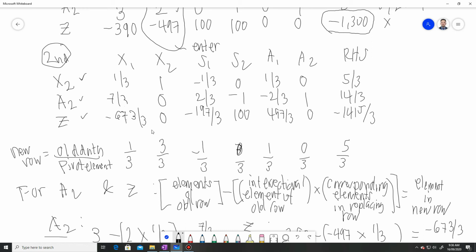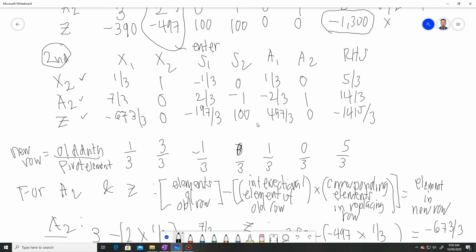So now we are going to develop another table, the third table, since this has negative values. If it has no negative values except for the right hand side, it means that is the last table and we have arrived at the optimal solution. Since we still have negative values in the z row except for the right hand side, we still need to develop the third tableau.